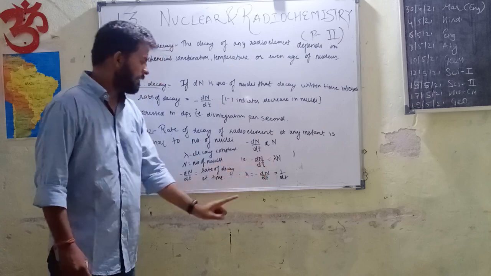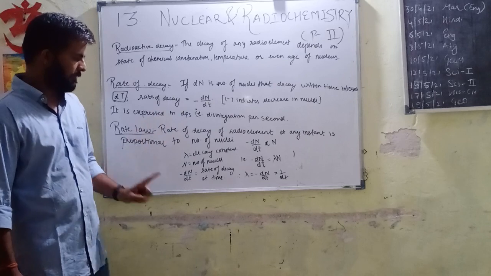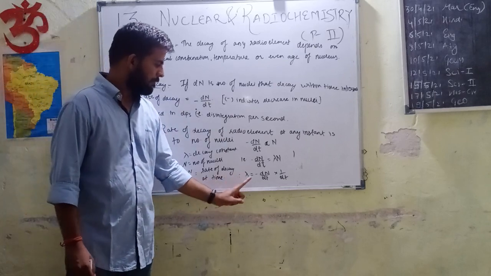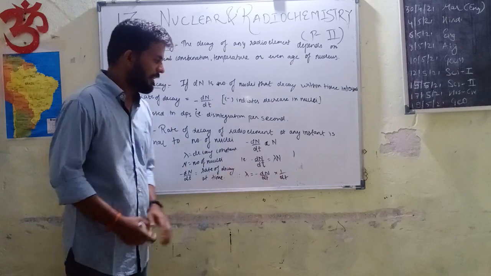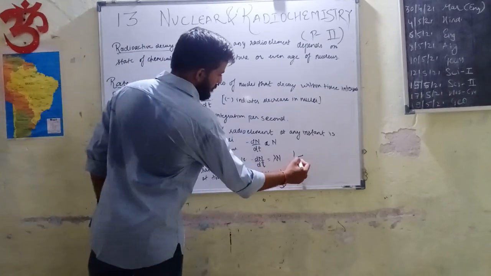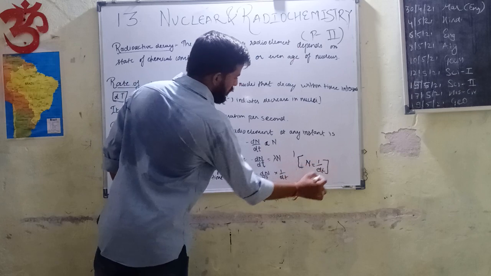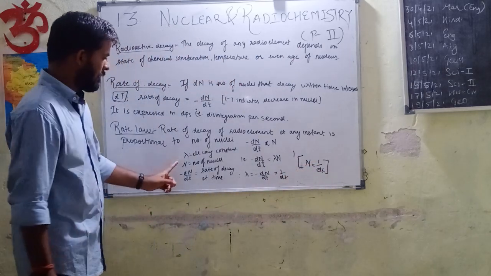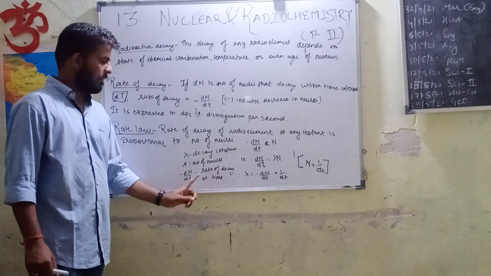Lambda is the decay constant. So the value of lambda becomes minus dN by dt into 1 by N. N is the number of nuclei, and dN by dt is the rate of decay at a particular instant.